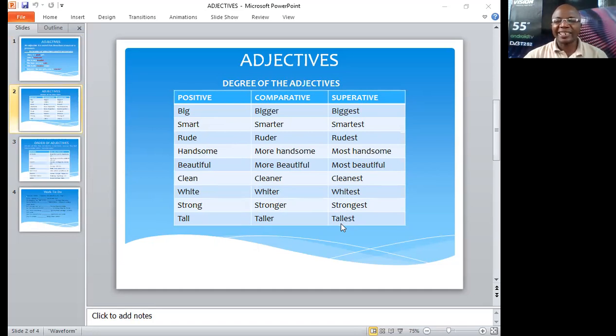You get that? Those are examples in positive, comparative, and superlative form.